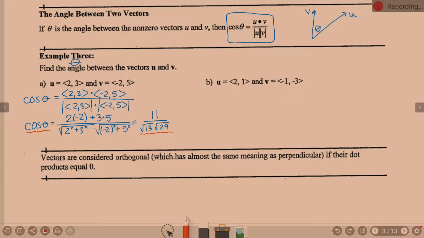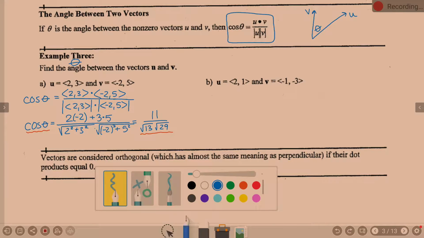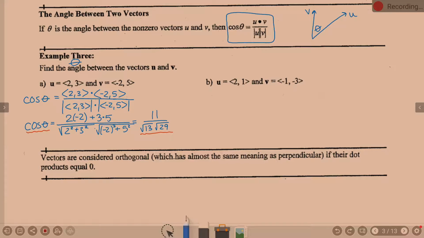My job is to find theta. How do I find theta at this point? Cosine inverse. Yeah, cosine inverse.